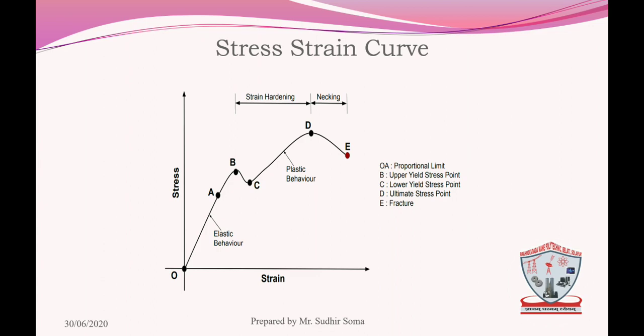If the material is stressed beyond point B, the plastic stage is reached, that is, on removal of the load, the material will not regain its shape and size. Obviously, it includes both the upper and lower yield stress points.